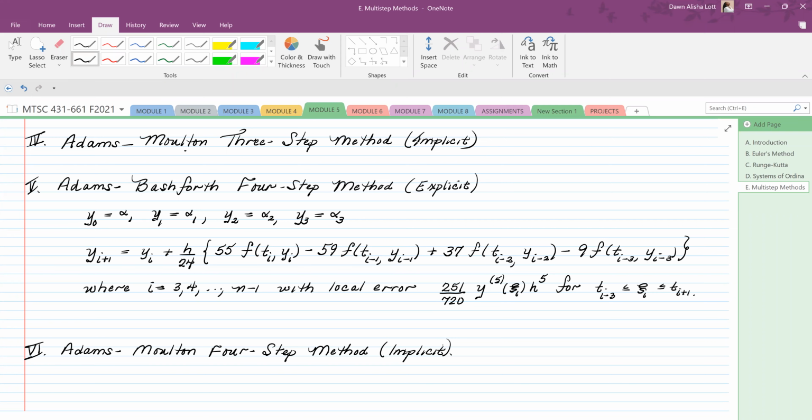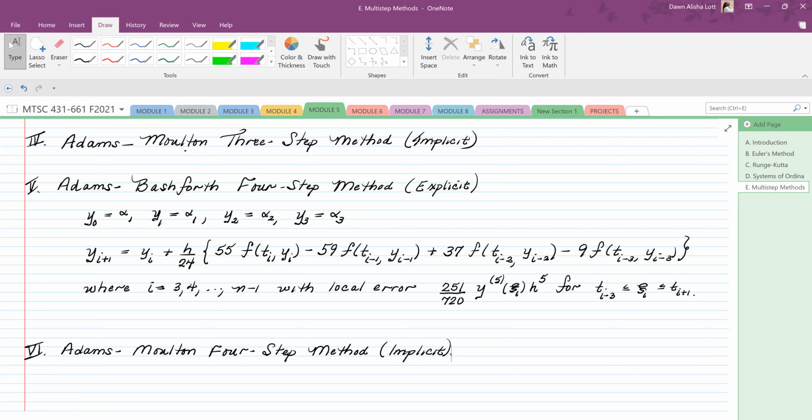Then there are what we call predictor-corrector methods, and predictor-corrector methods combine Adams-Bashforth and Adams-Moulton methods. I want to say a little bit first about these multi-step methods before I get to the predictor-corrector methods.